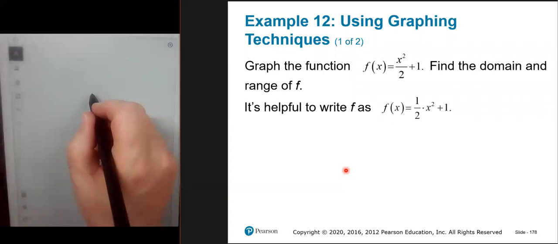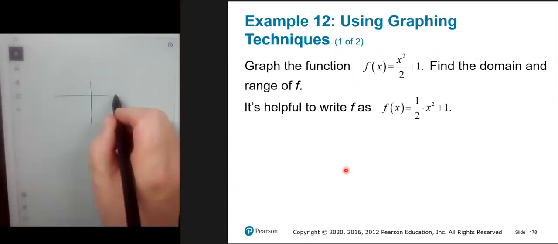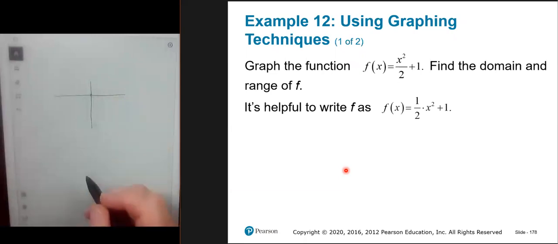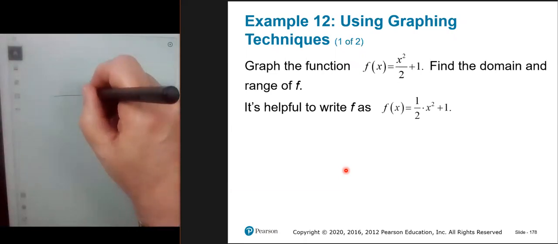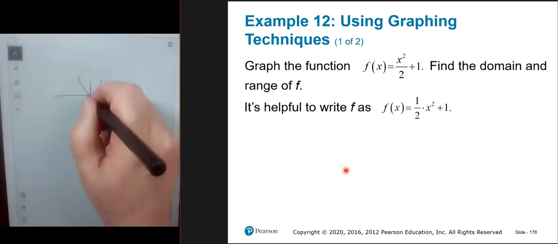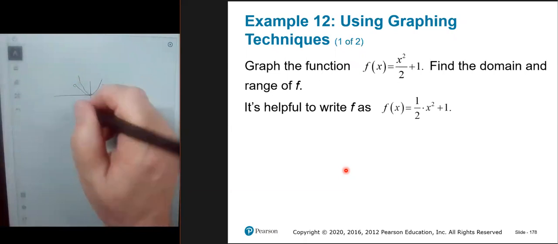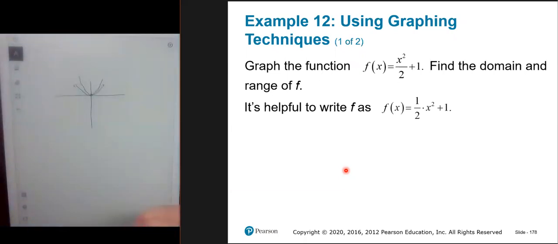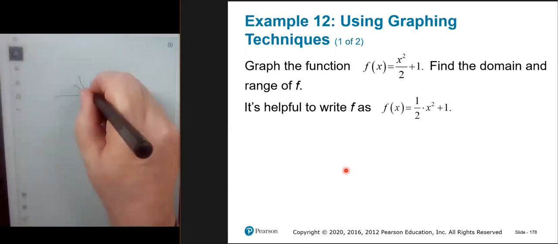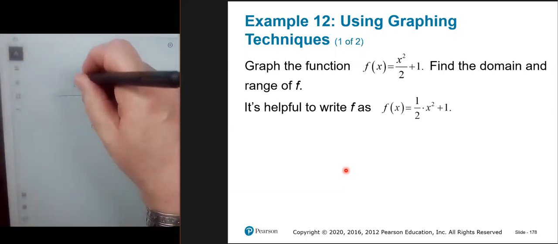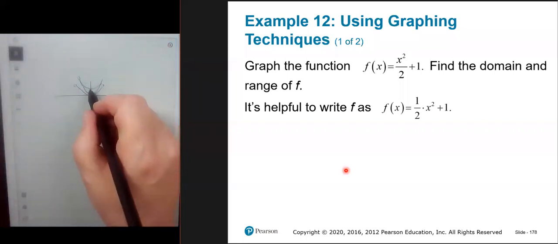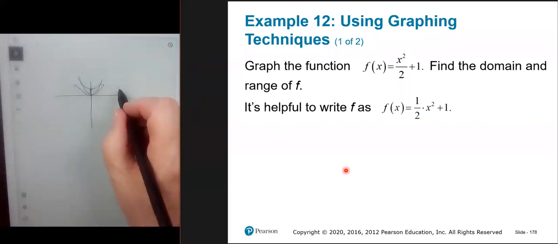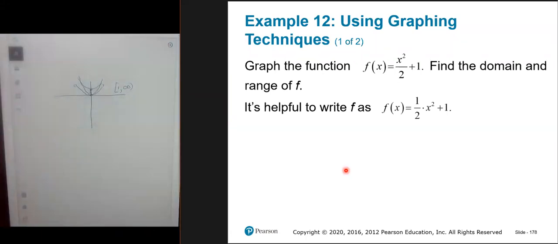So for x squared, 0 is the smallest y value, and we go up from there. Taking half of each of those y values makes the graph compress towards the x-axis, and then the plus 1 is adding 1 to each y value. So now my smallest y value is 1, and my largest y value is infinity, and so there's my new range.